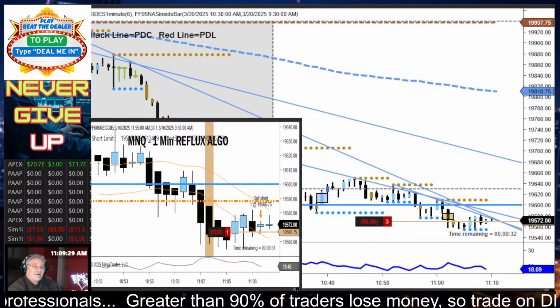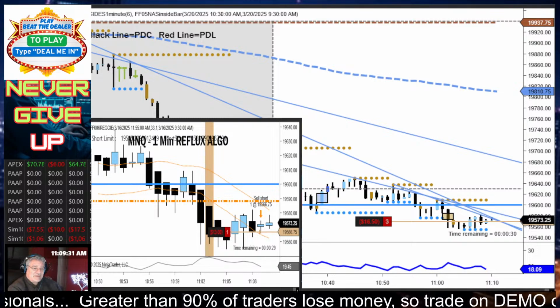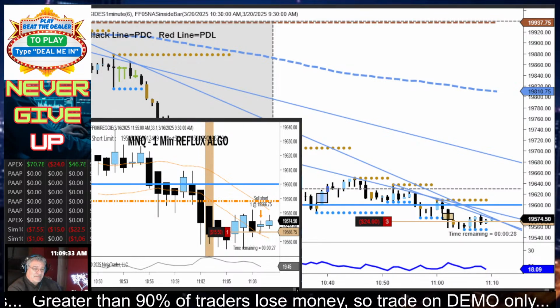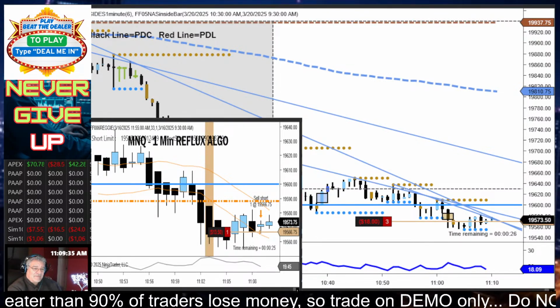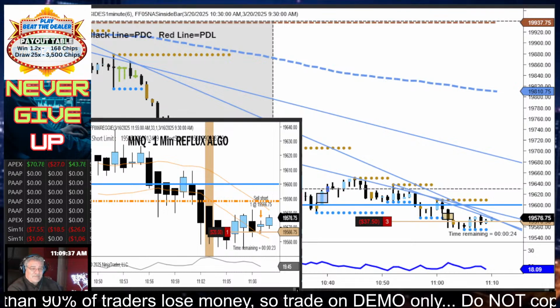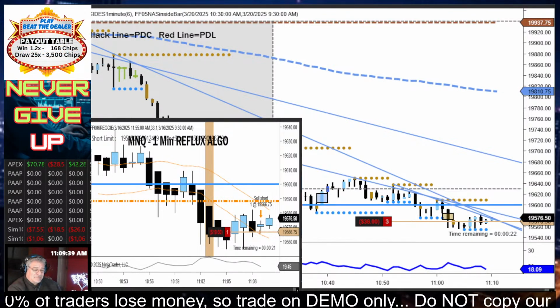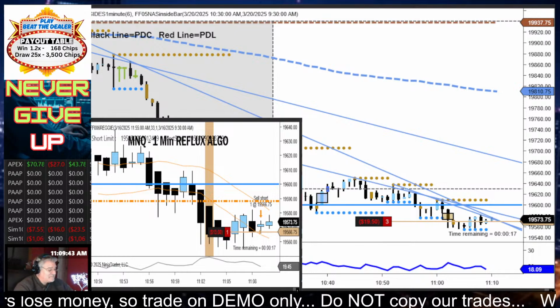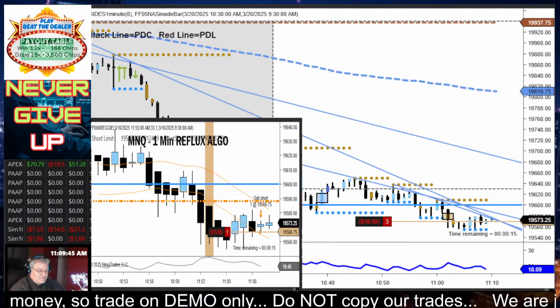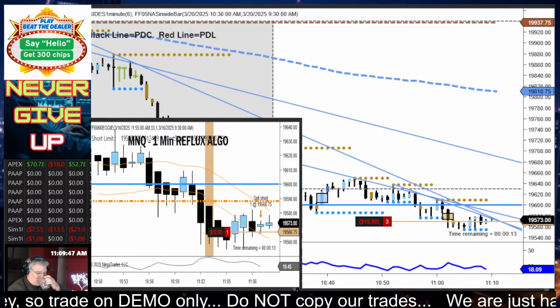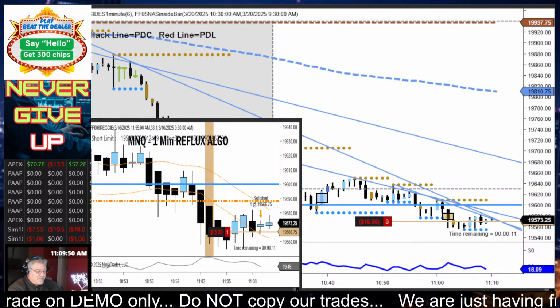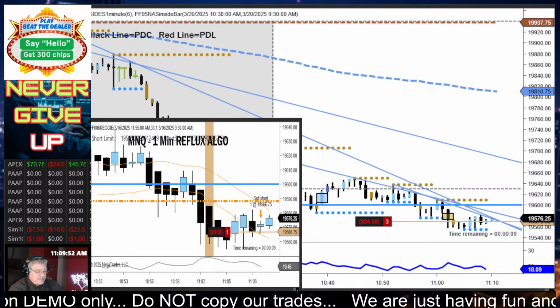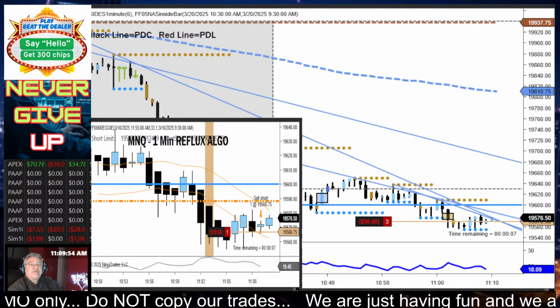Well, it's not going right away. I like trades that go right away. I'm going to lighten the load a little bit. I don't want to have a 6 lot on a 20-point stop. $51.